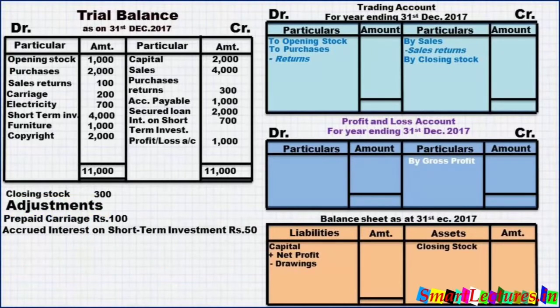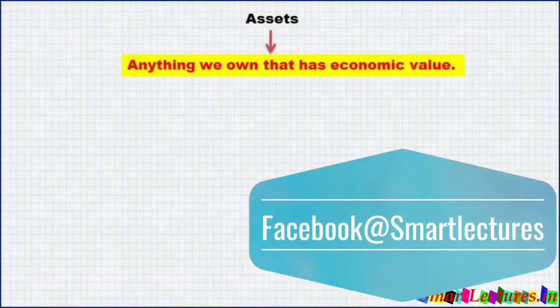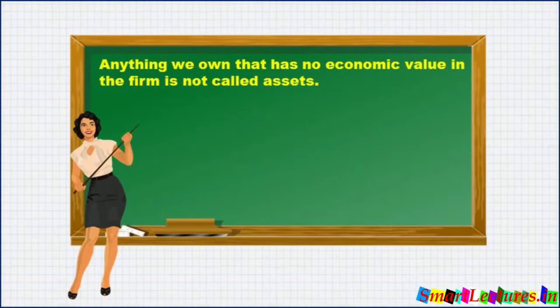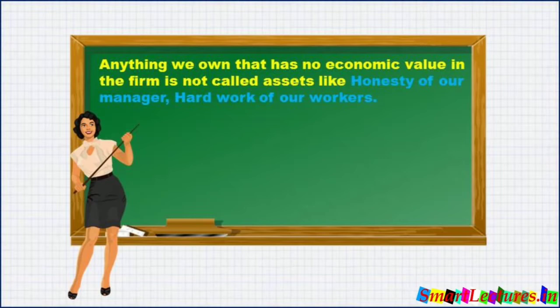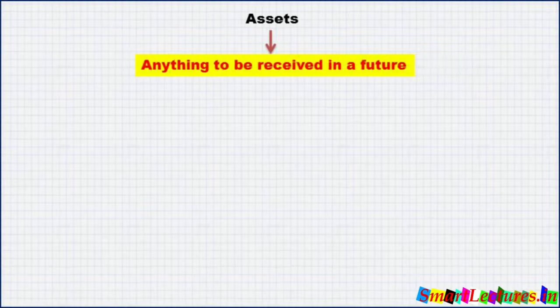Let me explain how the assets are taken from different points of view. Anything we own that has economic value is our asset, just like building, furniture, etc. But anything that doesn't have any economic value is not our asset in the firm, just like honesty of our manager, hard work of our workers. Of course, these are assets, but not assets for our balance sheet. So anything that we own and has economic value, or anything to be received in future.